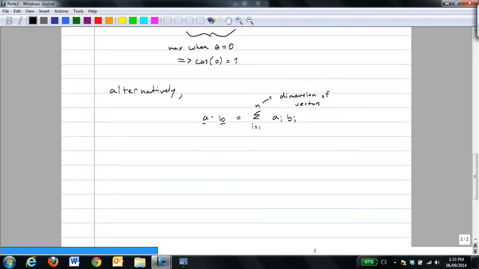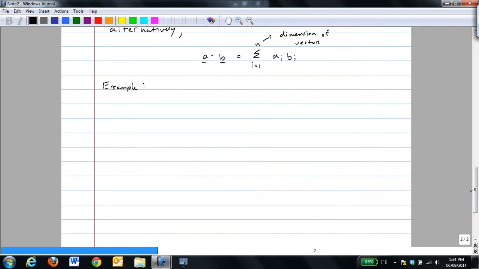So let's see an example of the dot product. Let's say we have two vectors in a two-dimensional system. What is the angle between them?